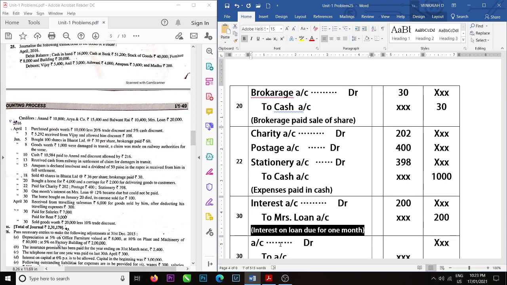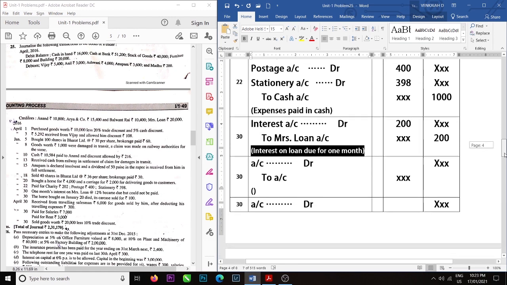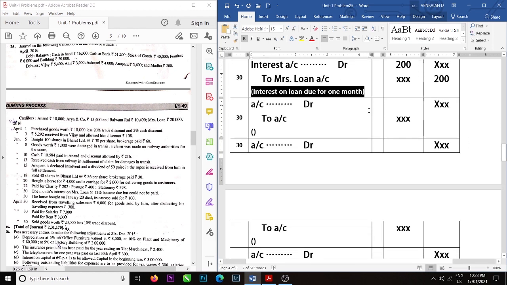Next, received from traveling salesman 6,000 for goods sold by him after deducting his traveling expenses 3,300. Received from traveling salesman 6,000 for goods sold by him.